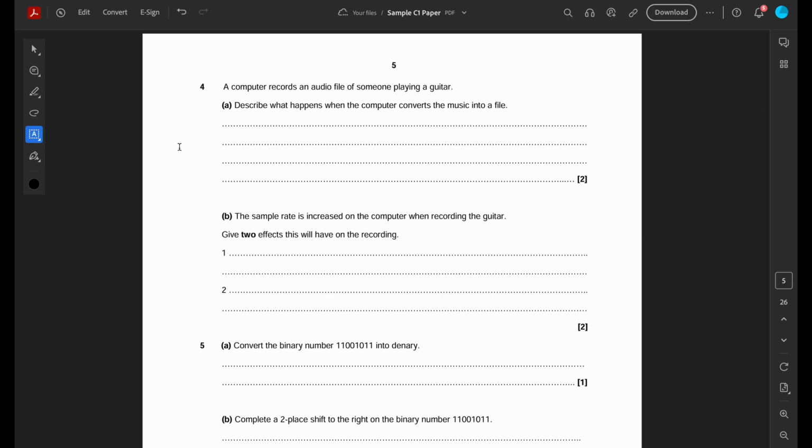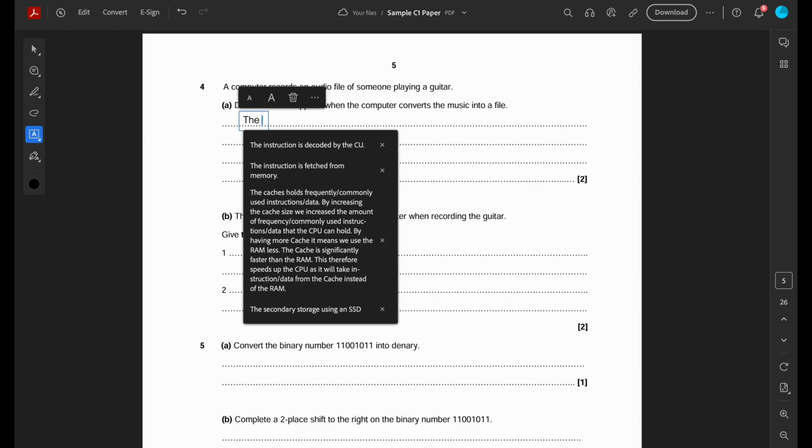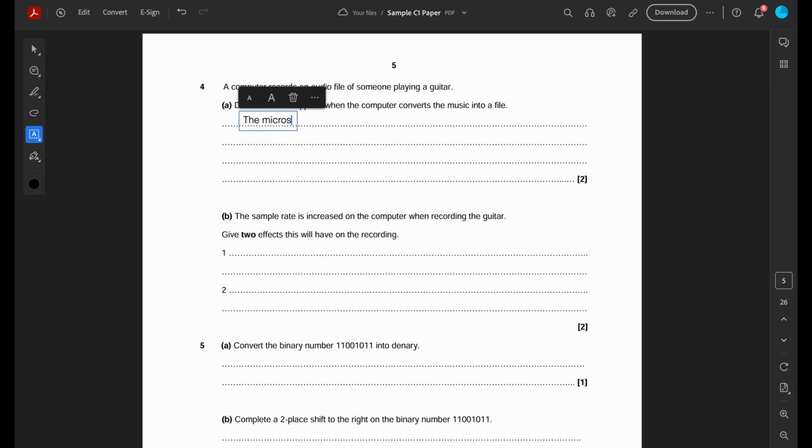A computer records an audio file when you're playing a guitar. Describe what happens when the computer converts the music into a file. Well, the microphone or computer samples the wave a number of times per second, called the frequency.